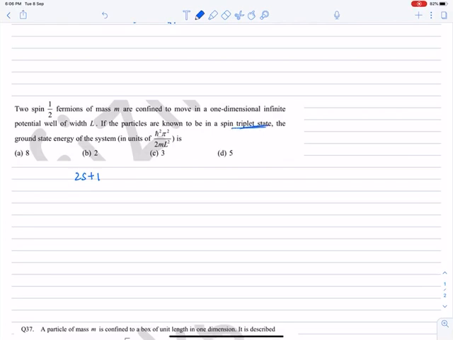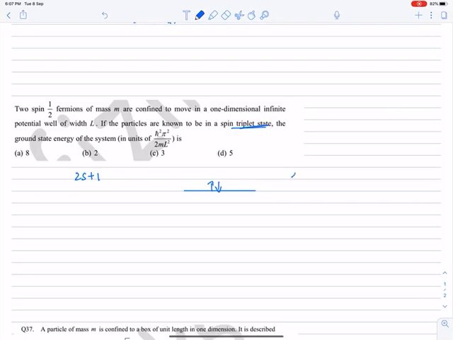The concept is, if we have to accommodate electrons in this, one electron is in up state and one electron is in down state. This is the way to accommodate electrons. Now, what is the triplet state?